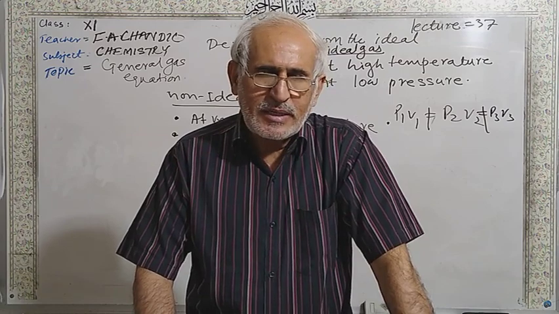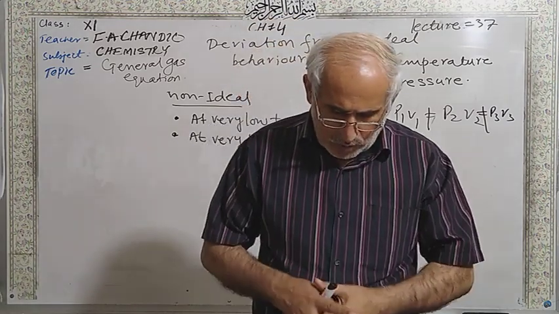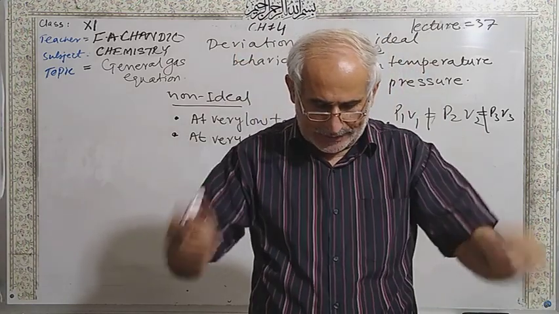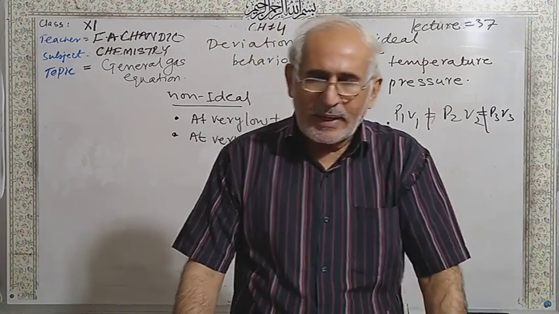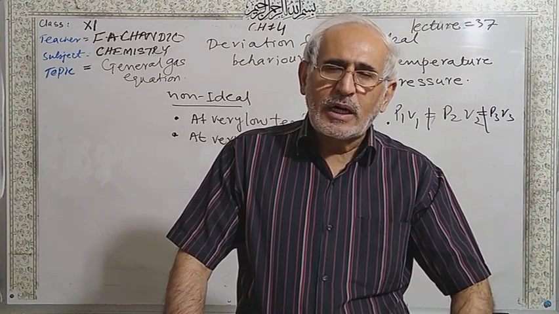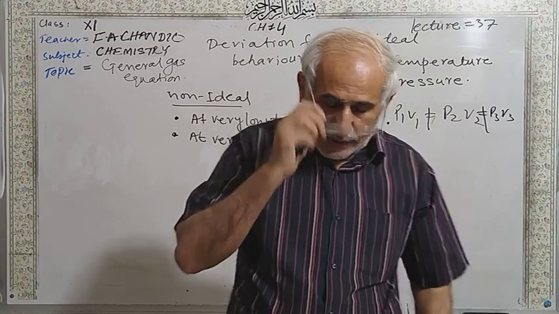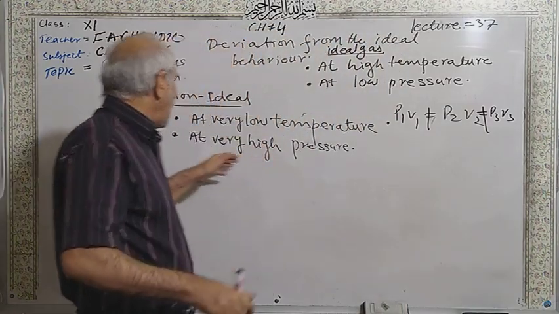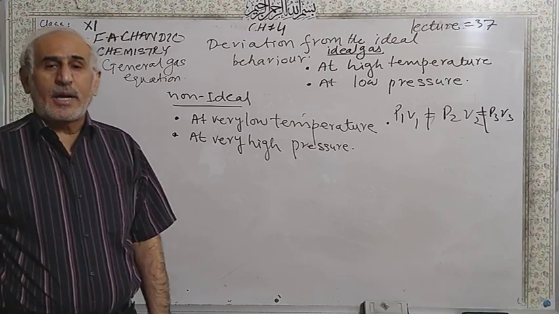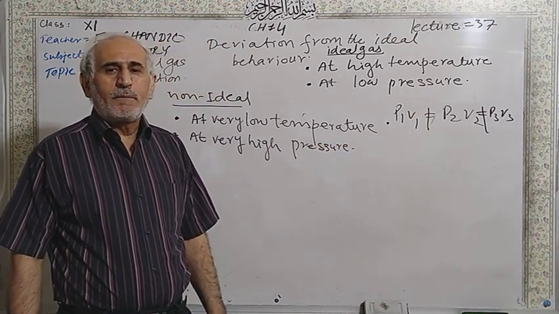So under this very high pressure of 100 atmospheres, the individual volume of the gas molecule, 32 cubic centimeters, is no longer negligible as compared to the volume of the gas, 224 cubic centimeters. So dear students, again I am saying that at high pressure the gas shows non-ideal behavior. It deviates from its ideal behavior.